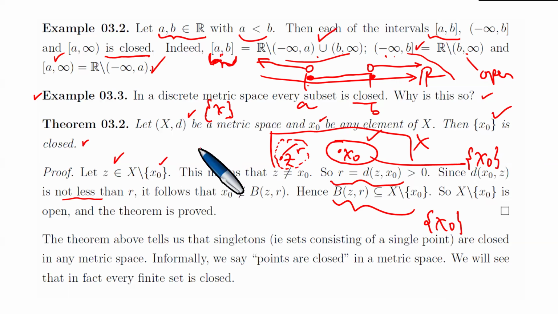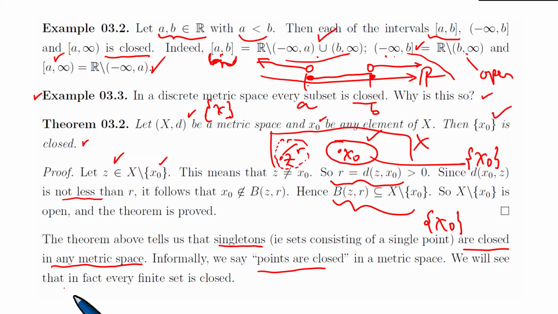This is in a general metric space. It's not just in a discrete metric space as discussed in the previous scenario. The theorem above tells us that singletons, that is sets consisting of a single point, are closed in any metric space. Informally, we say points are closed in a metric space.